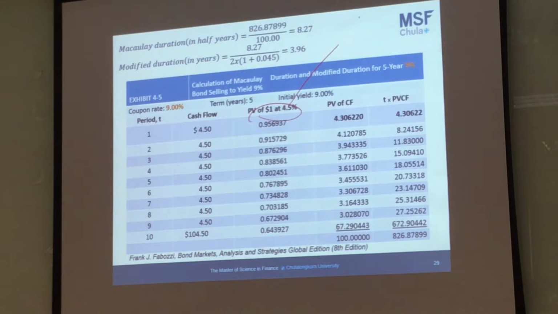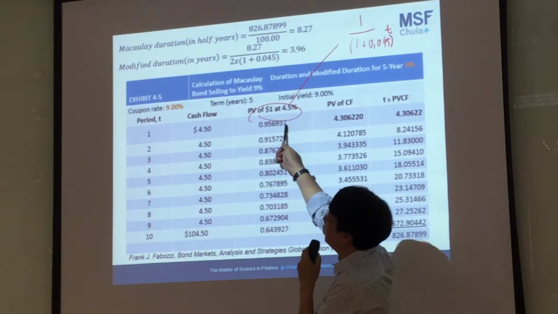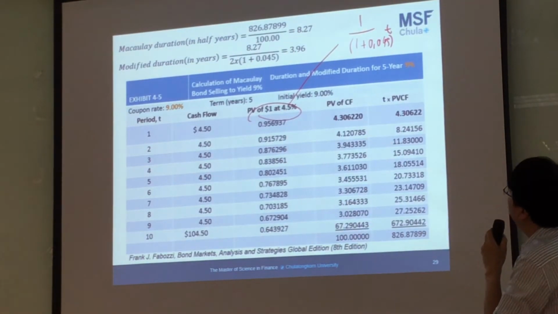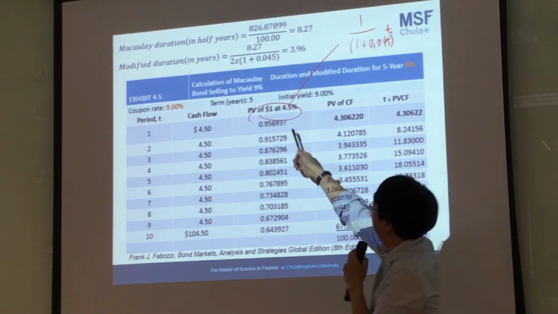This is just 1 over 1 plus the discount rate, which is 4.5%. So for this one, it's 1 over 1 plus 0.045 to the power of 1, equal to this.